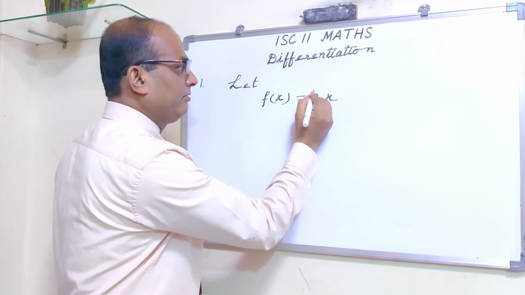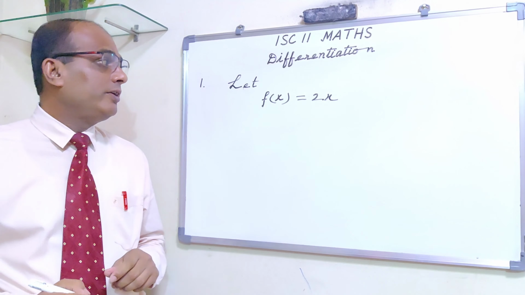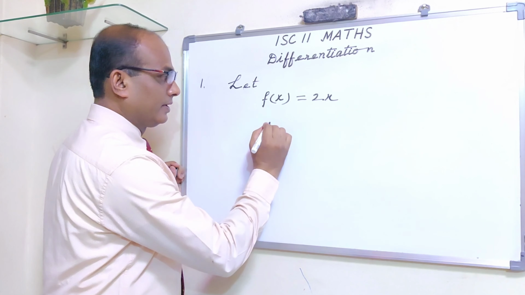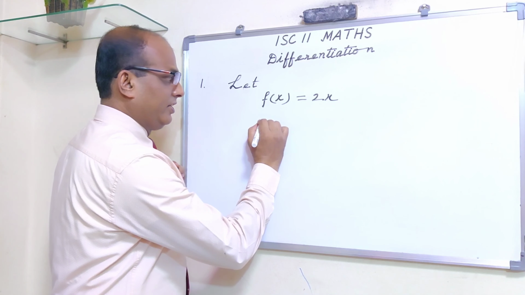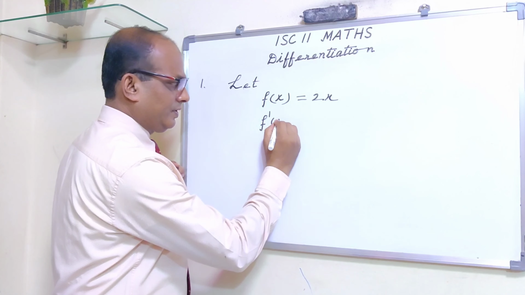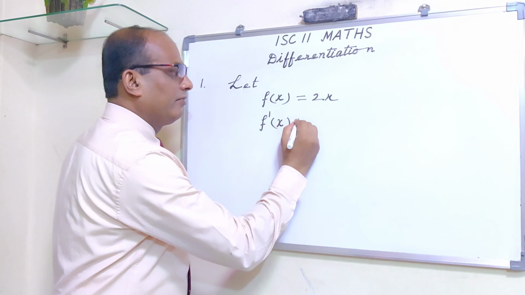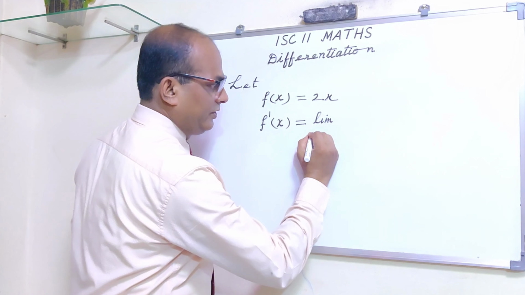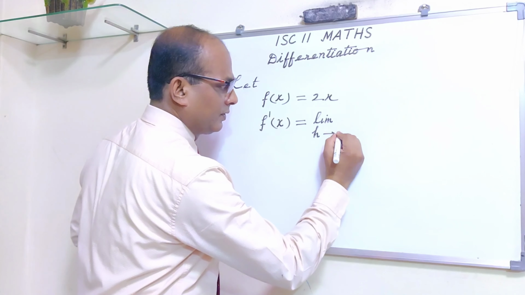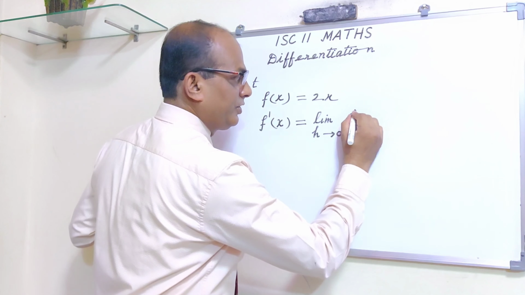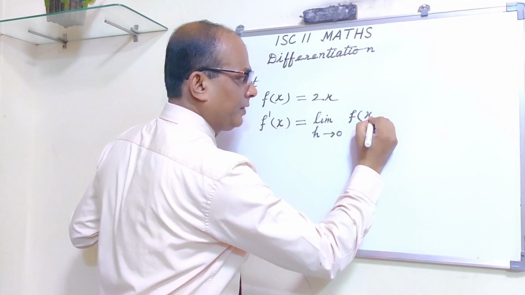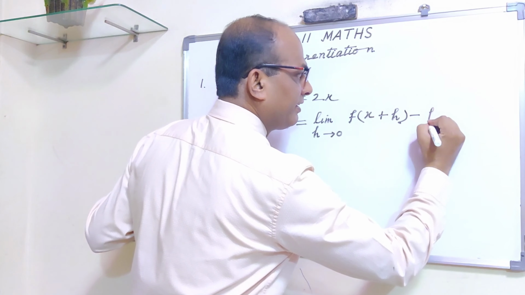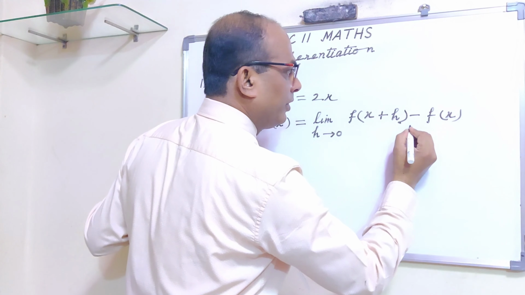Now, by definition, there is one formula that I am giving you. The formula is f'(x) is equal to limit h tending to 0, f(x plus h) minus f(x) upon h.